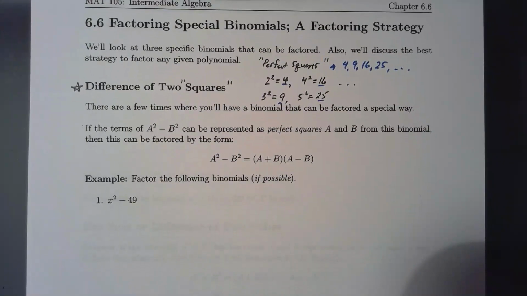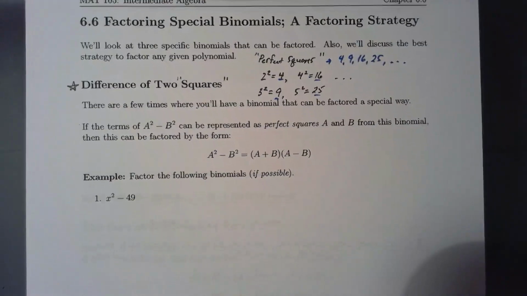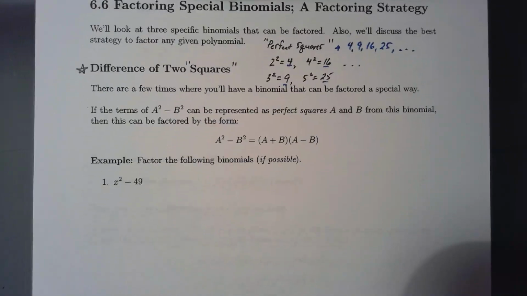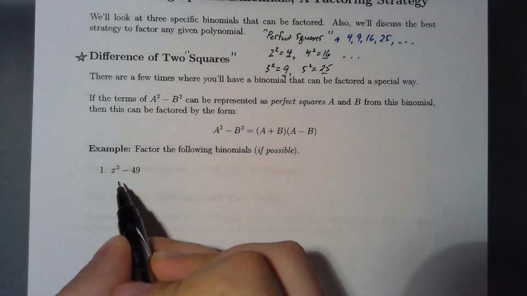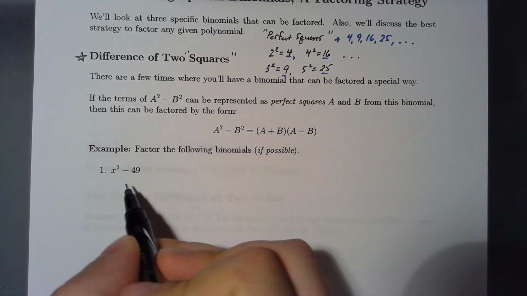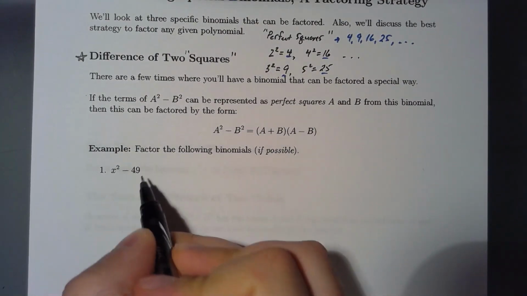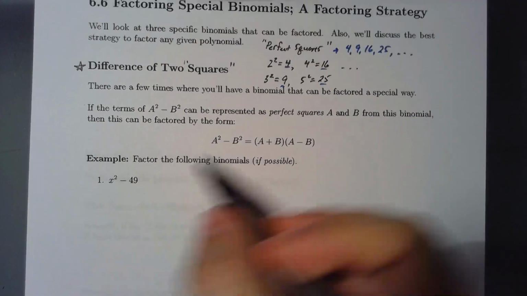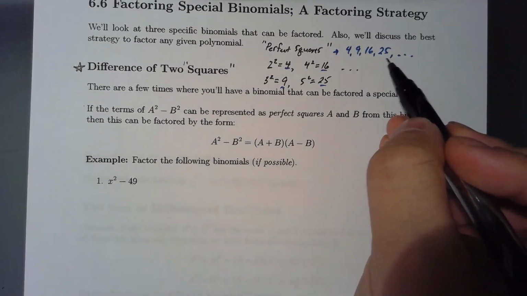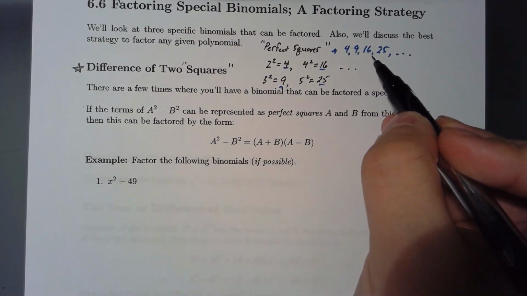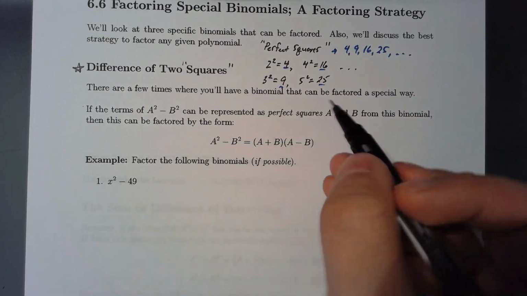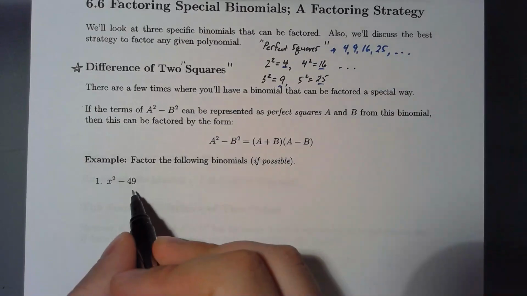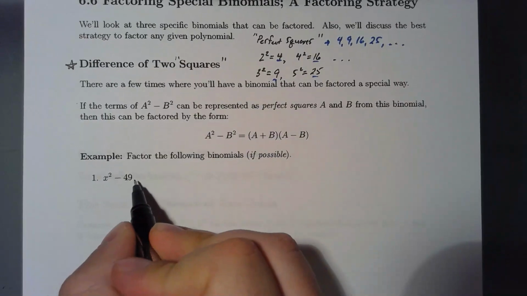Other than that, it's pretty simple to factor. If I look at this first example, this is a difference, because I have a subtraction. The first variable is squared, and 49 is a perfect square. If I kept going with this list, 4, 9, 16, 25, the next one would be 36, and the one after that would be 49.